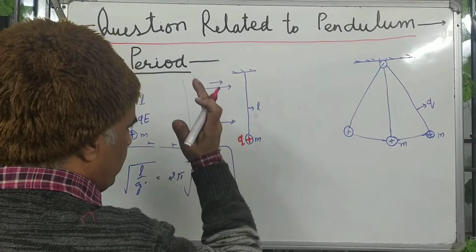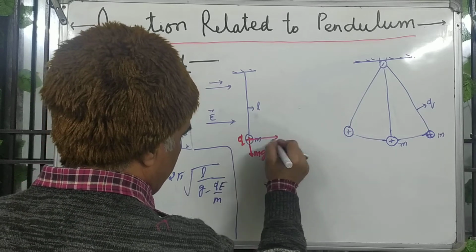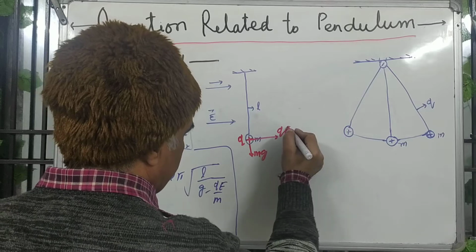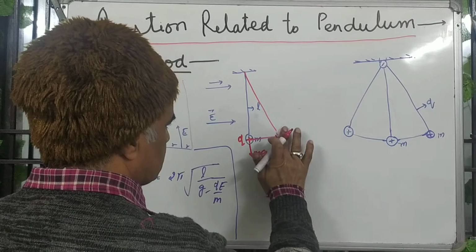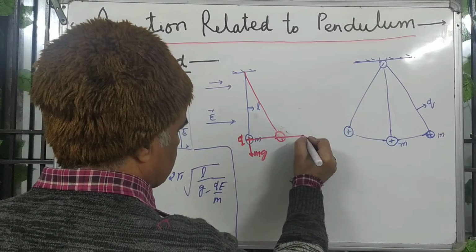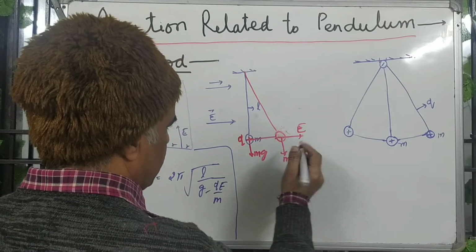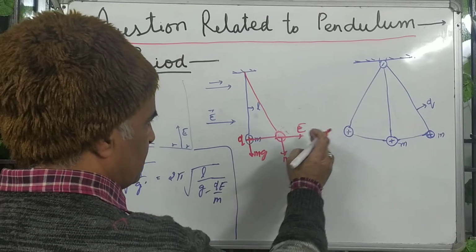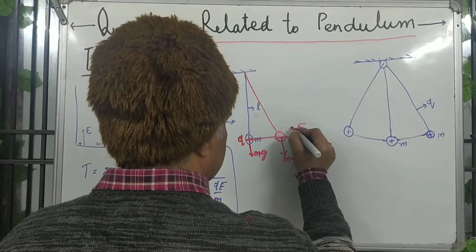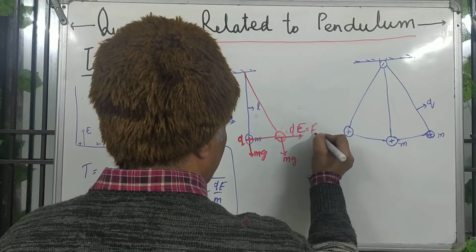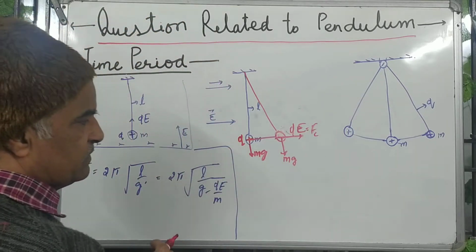Due to the electric field, mg force is acting downwards, and force QE is acting along this direction, so the pendulum will settle like this. mg is acting downwards, and the Coulombian force F equals QE acts along this direction.